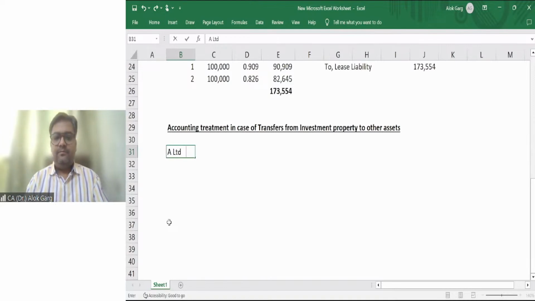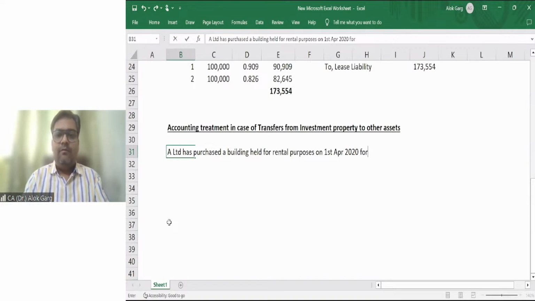A Limited has purchased a building held for rental purposes on 1st April 2020 for rupees 50 lakhs. The life is 50 years.